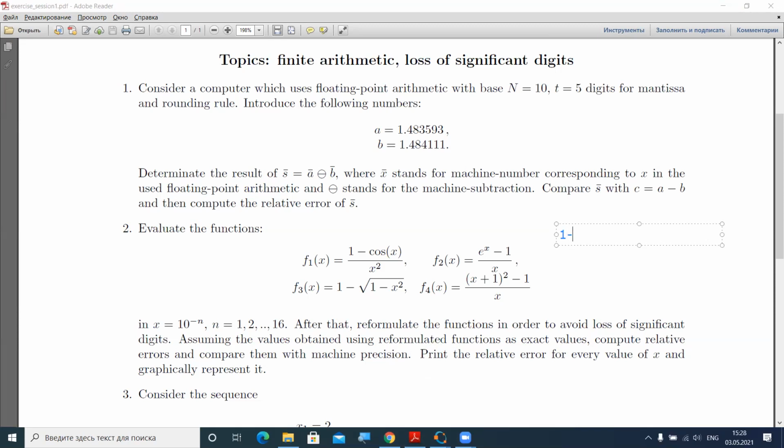So 1 minus square root of 1 minus x squared, and we need to multiply it and divide.